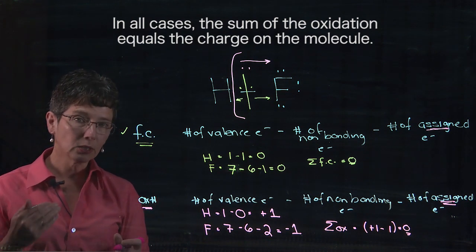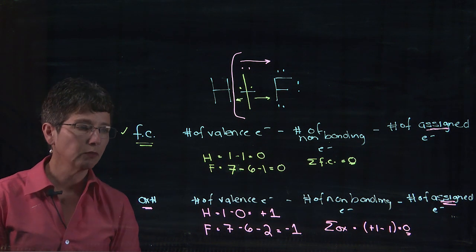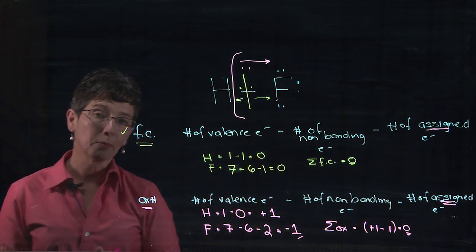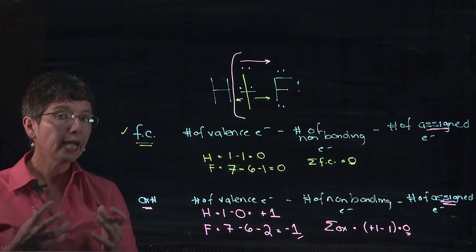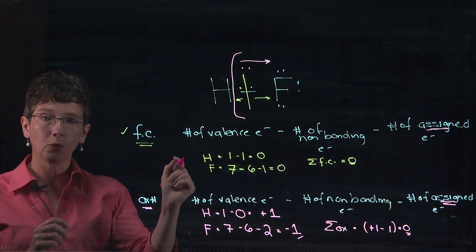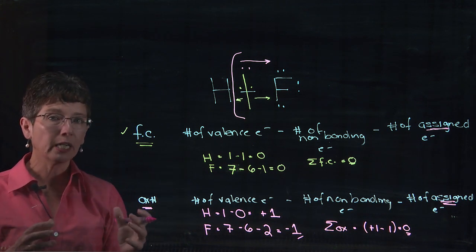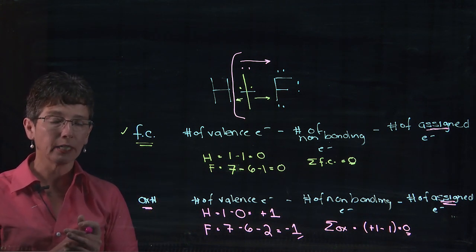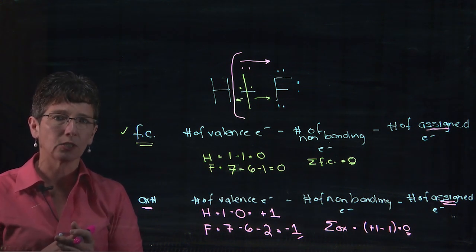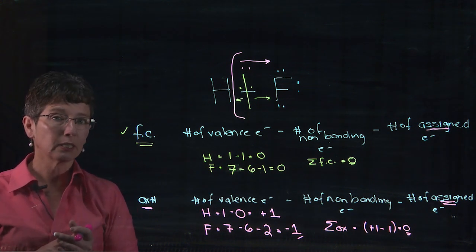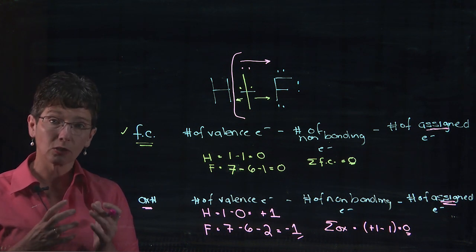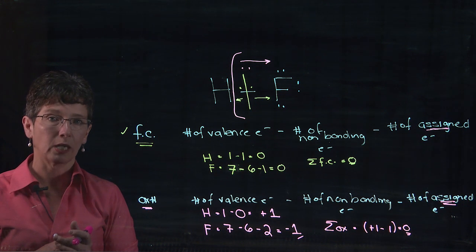But what this tells us when we start to think about reactivity is that fluorine with an oxidation number of -1 has a noble octet. And so that's going to be a guide to us that fluorine in hydrogen fluoride already has the right number of electrons. And so whatever kind of reaction this undergoes, we're not going to expect to see it be a reaction in which fluorine gives up electrons because it's already satisfied its noble octet.